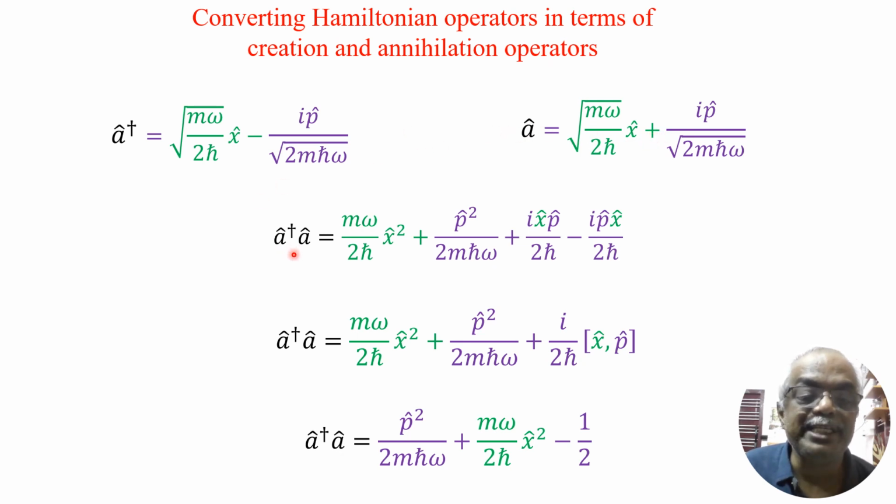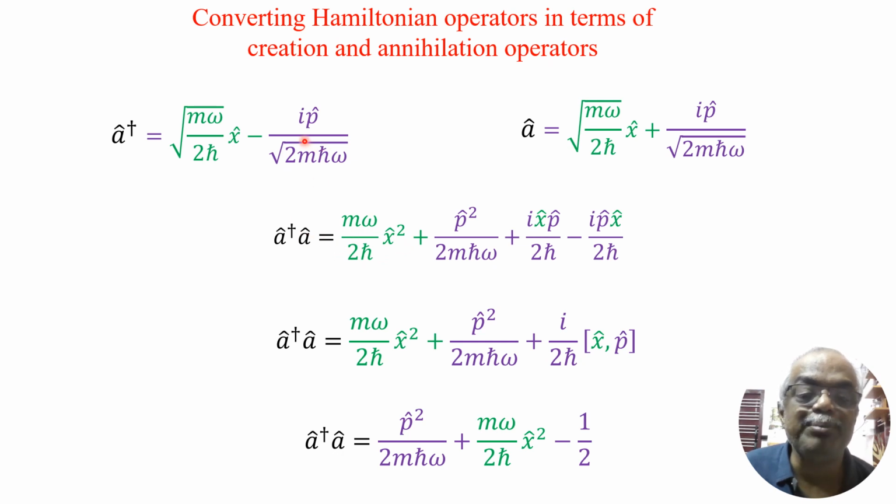If you take A dagger A, you multiply this with this. First, I have written the x operator in green color and the p operator in violet color. Now first multiply the first terms here. This will become m omega over 2h cross times x̂ squared.